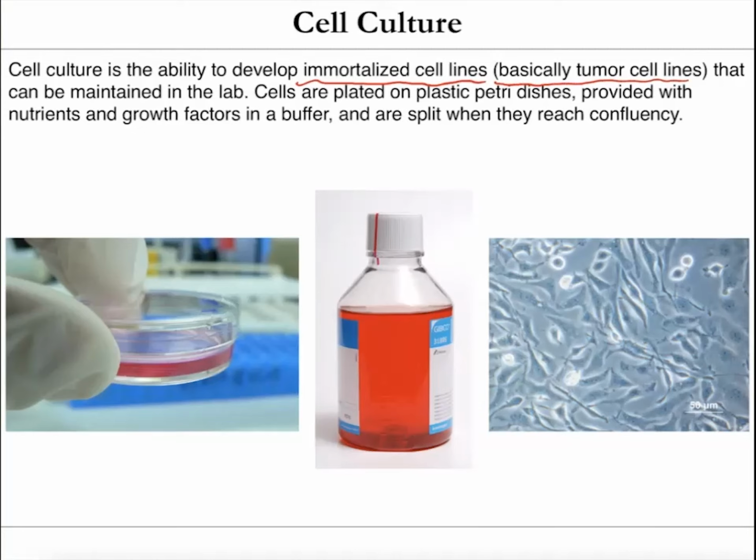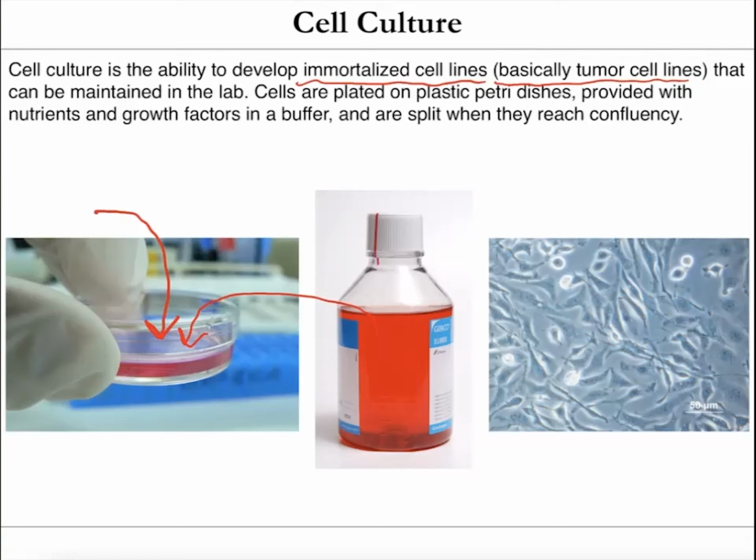Basically what you do is you take those tumor cells and put them in a petri dish and add some media. That media is going to contain things like nutrients. It's going to contain buffers to keep the pH at a certain level, and it's also going to contain growth factors. The normal one is fetal bovine serum. You get serum from cow fetuses that have a lot of growth factors in them.